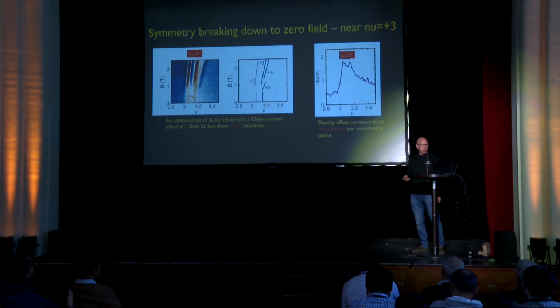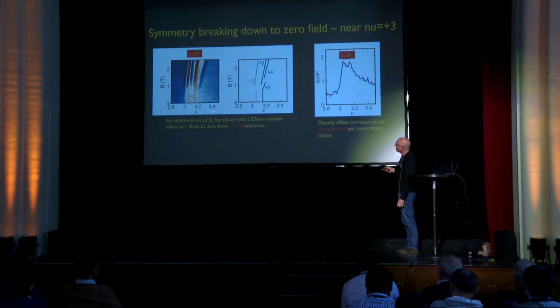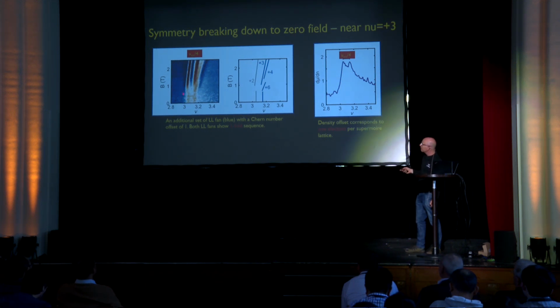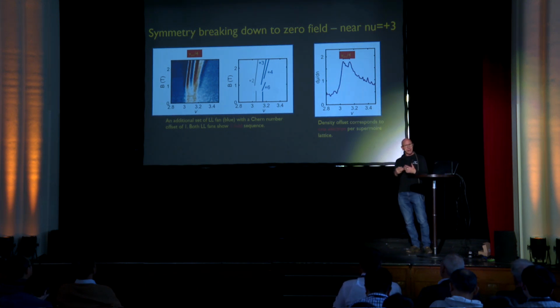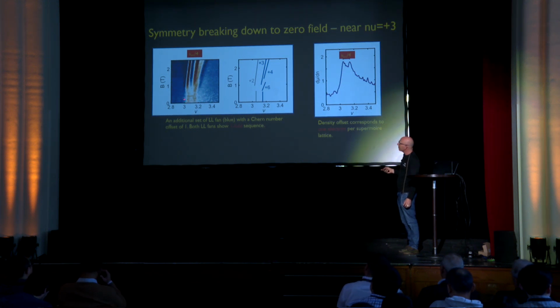If we go further to filling factor 3, now we see that this density offset is supermoire over 4. And again, maybe not that surprising, because at filling factor 3, we've exhausted 3 flavors out of 4. Namely, we have only 1 flavor left to play with, and that is the flavor that is being used to fill up the supermoire band.